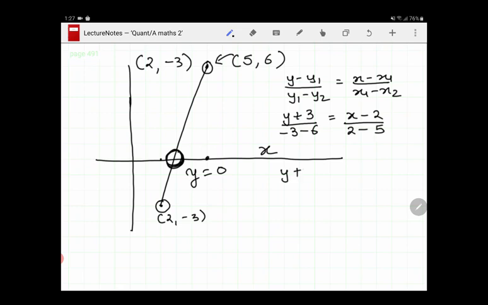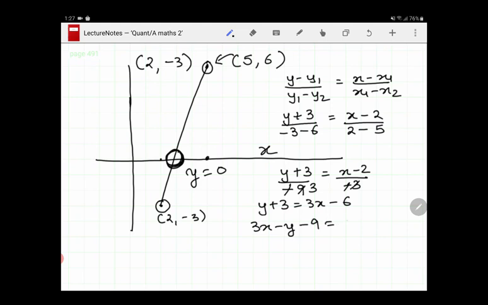So we get (y + 3)/(-9) = (x - 2)/(-3). Minus and minus get cancelled, 3 and 3. So y + 3 = 3x - 6. So the equation of the line can be formed as 3x - y - 9 = 0.